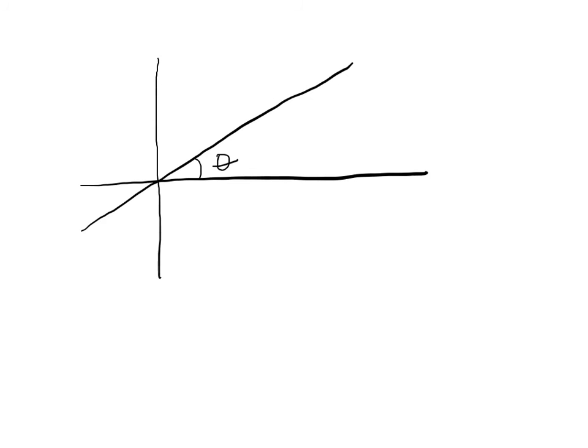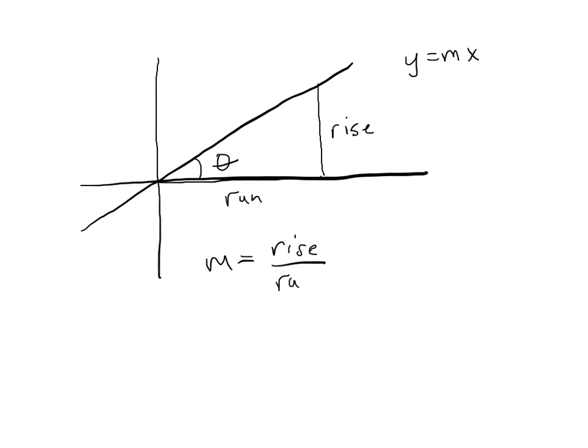Then typically, if this line is y equals mx, the slope m is rise over run.